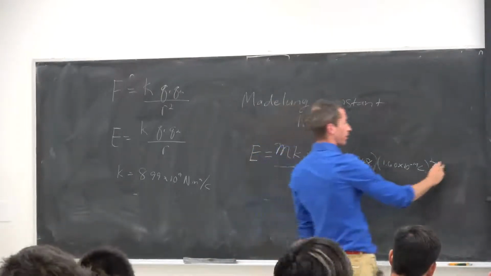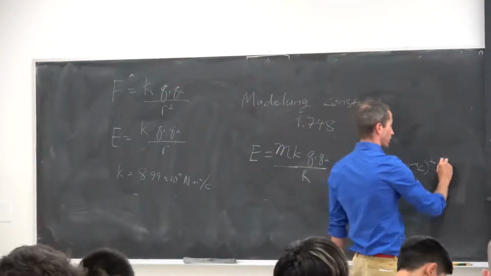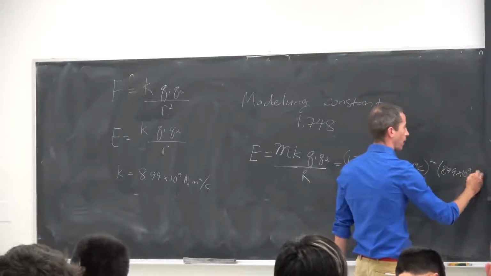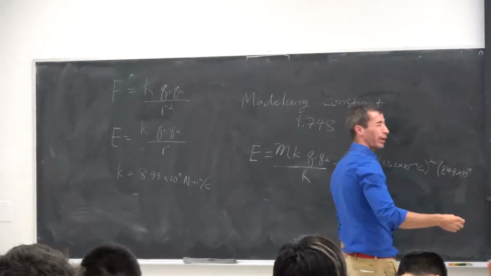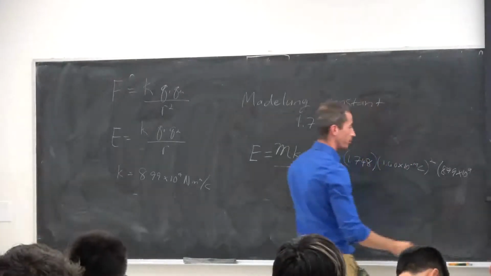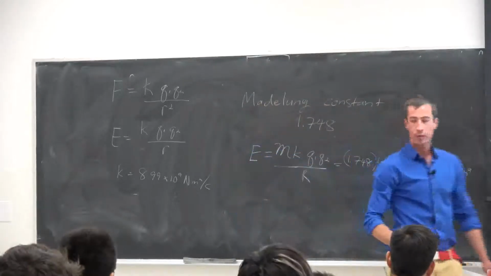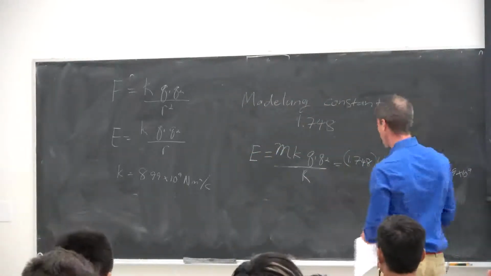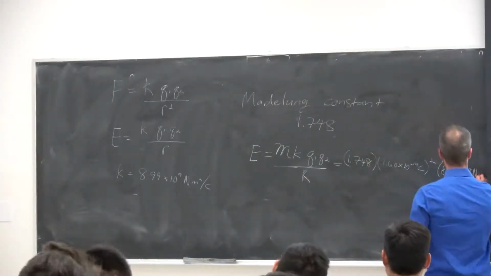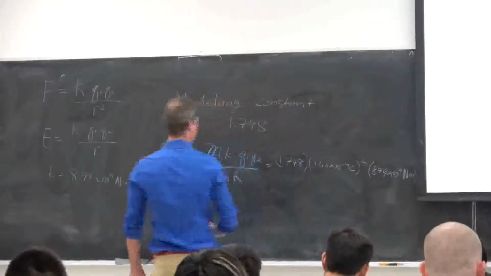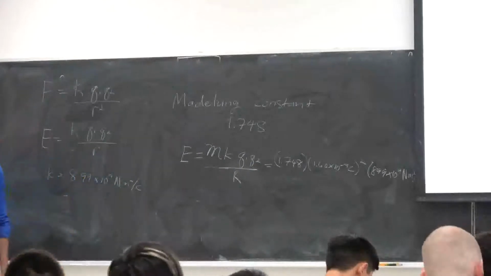And then our K, which is 8.99 times 10 to the 9th. What is it? Newtons meters squared per coulomb squared. This is getting a little messy, isn't it? Sorry, that's behind the board. Now, what's R?